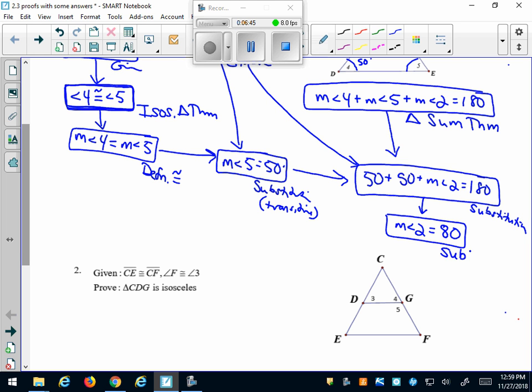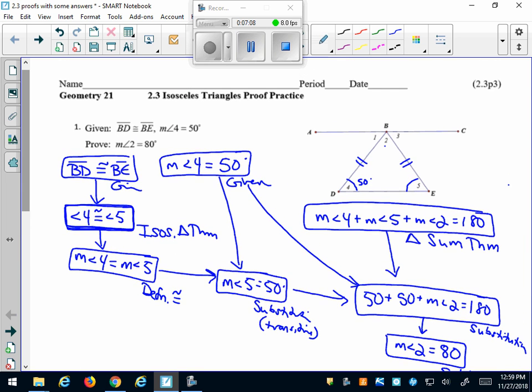So that would be subtraction. Does that make sense?